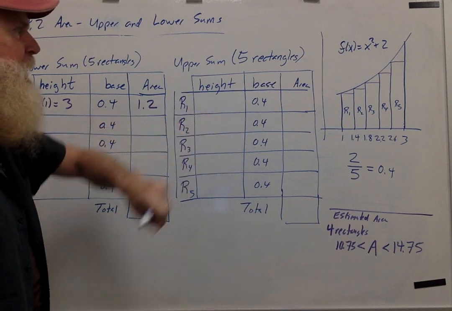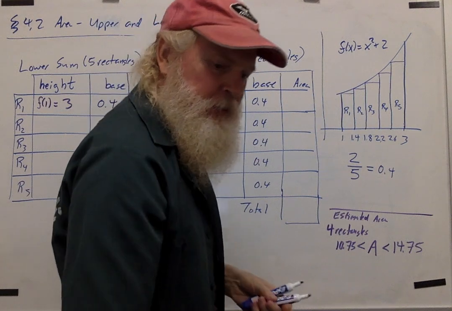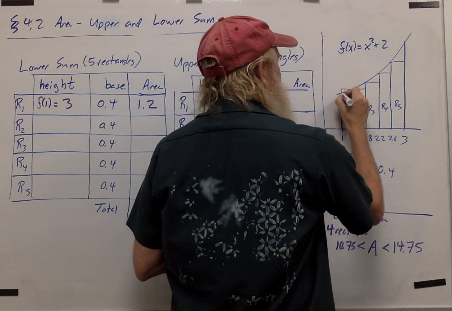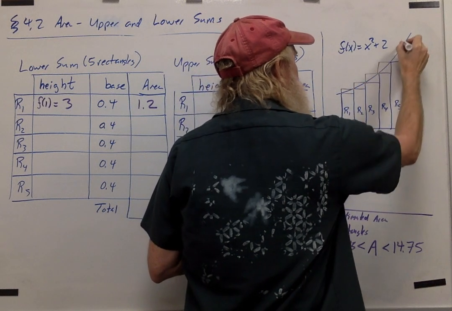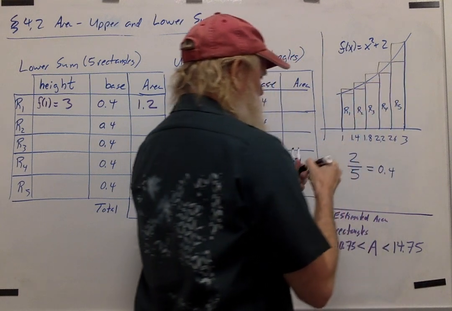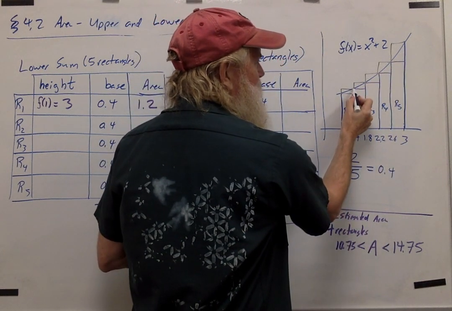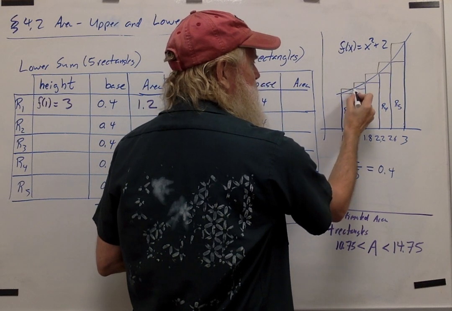Over here, on the other hand, if I wanted to find the height of the first rectangle using a circumscribed rectangle, the circumscribed rectangles are on the outside like this. For the first circumscribed rectangle, the height is given by the right endpoint, since the right endpoint is higher than the left.